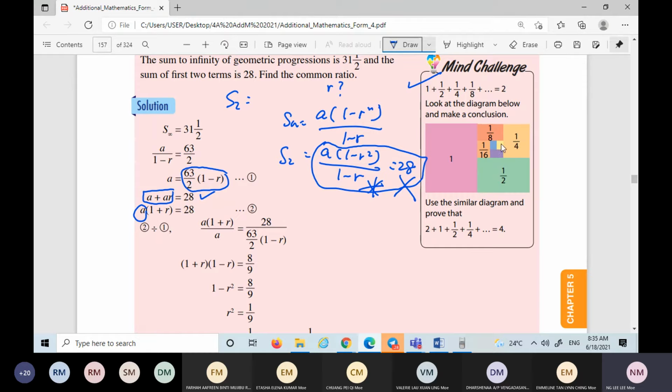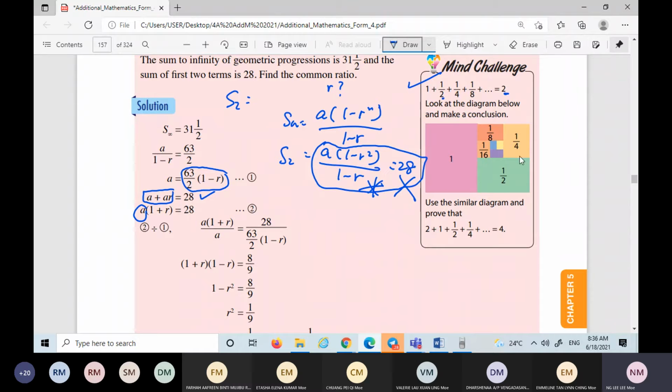So you can see how they cut. They cut the half. This is 1, start with 1, then this is another 1 actually, so it ends up with 2. The answer here is 2. Another one, they cut it into half, so here is the half, which is the second term.